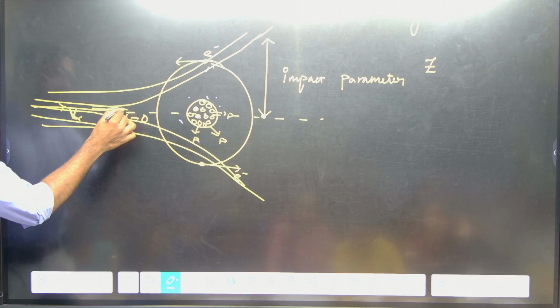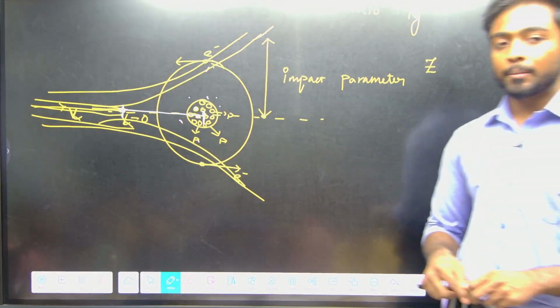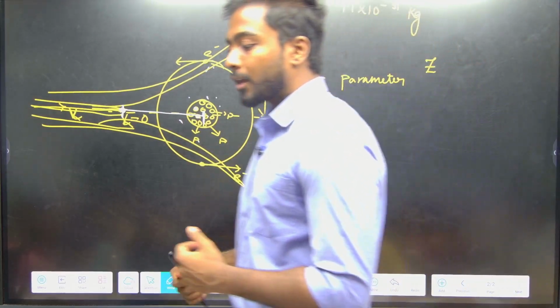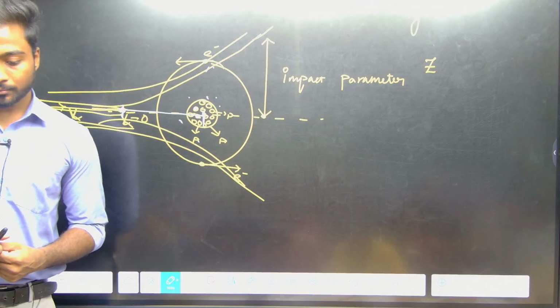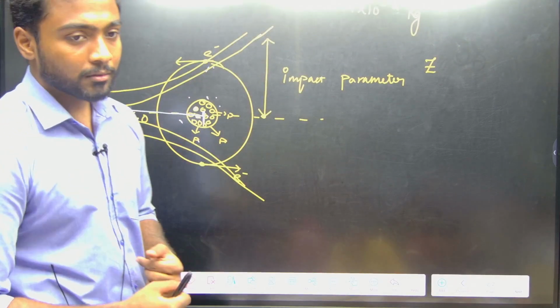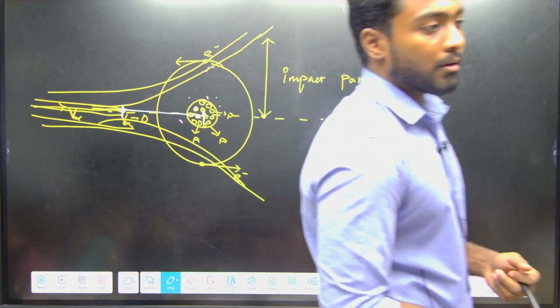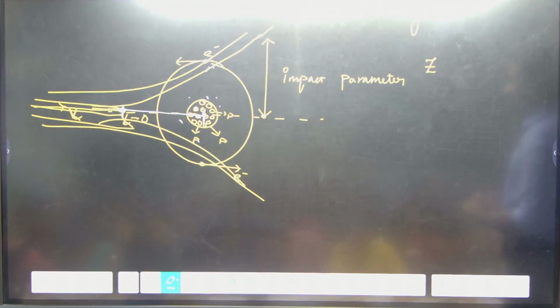So where the velocity will become 0, no, from that point to the center point is called as distance of closest approach. Okay, write down the next point: from the point where the velocity becomes 0 to the center point is called as distance of closest approach.